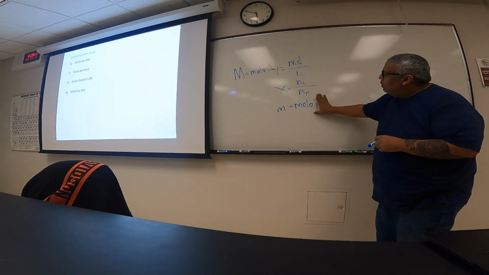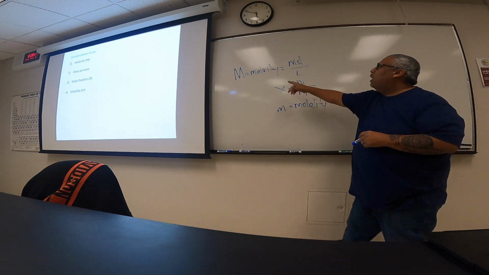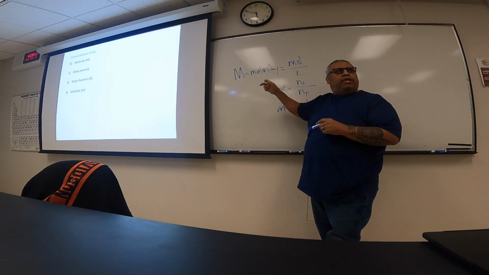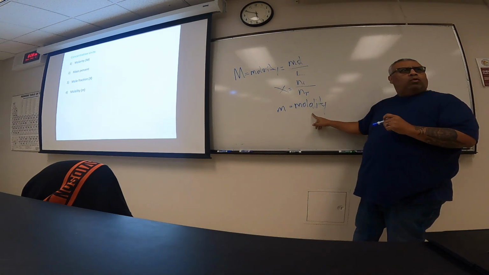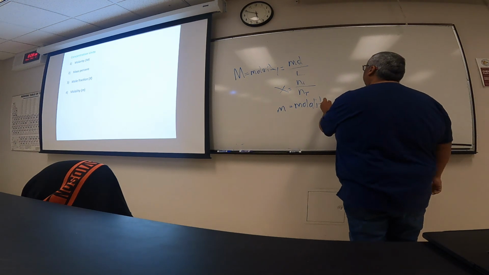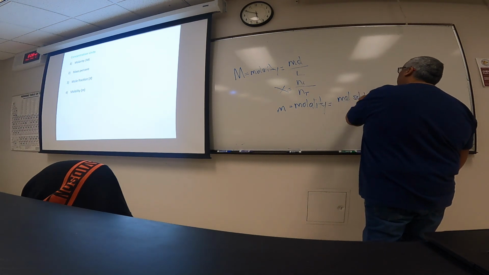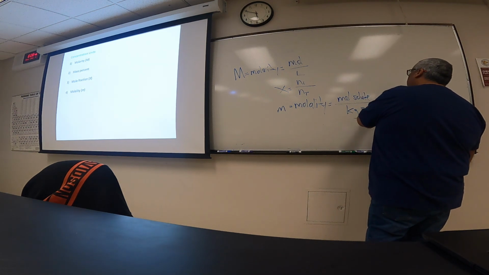You might even read the term molal. Sometimes we use molar here. The molar concentration. We can shorten this up and call it the molal concentration, but molality is equal to moles of solute over kilograms of the solvent.